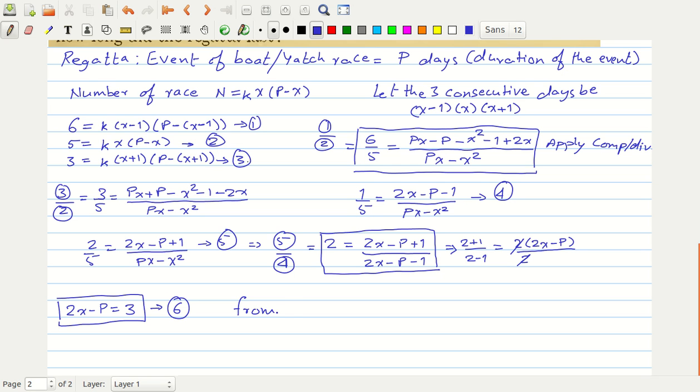So from equation number 4 we get px minus x square is equal to 10x minus 5p minus 5, or x square plus 10 minus p x, that is, I am taking x square and px on this side, on the right hand side, minus 5p minus 5 is equal to 0.